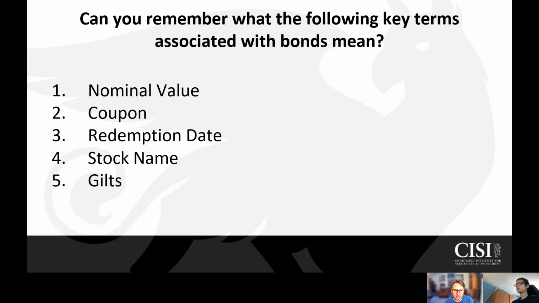So just write down your definition from what you can remember from the previous session of what each of those 5 things is in relation to bonds. So if you pause that video now, and then we'll reveal the answers for you.